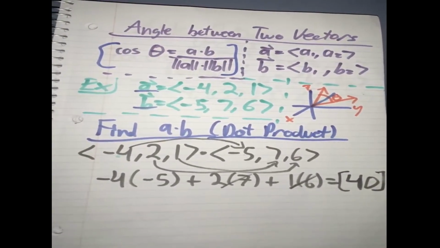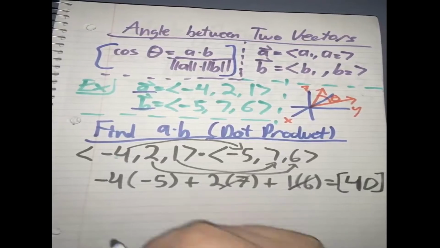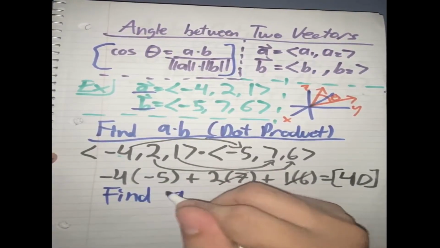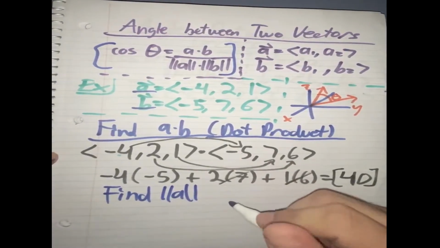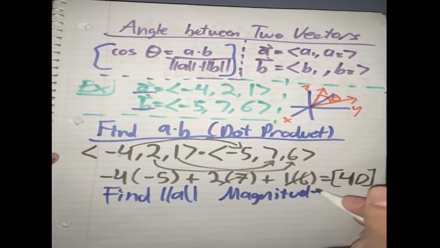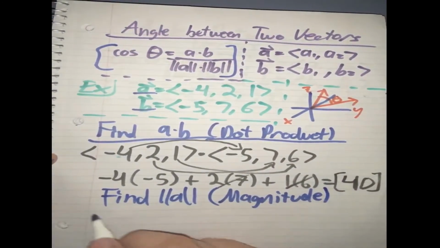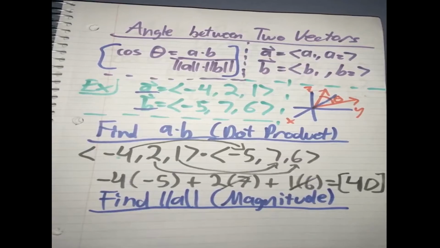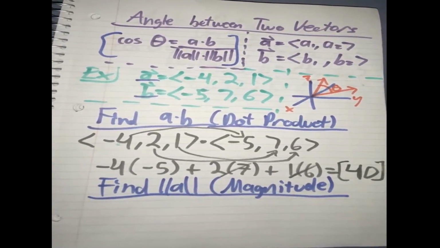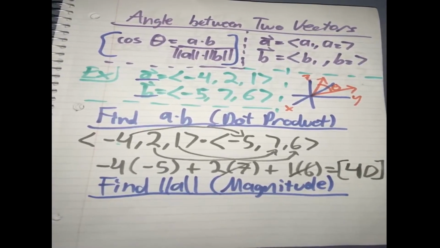The next step is to find the magnitude of A. Whenever you see this double bar notation, it means magnitude, so I'll put that in parentheses. How do we compute the magnitude of vector A? Real simple.